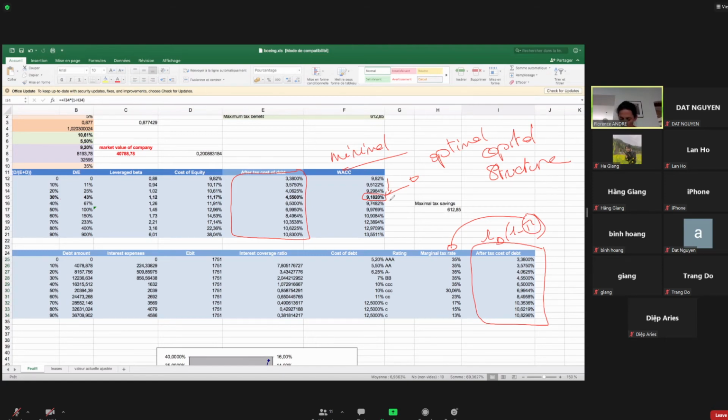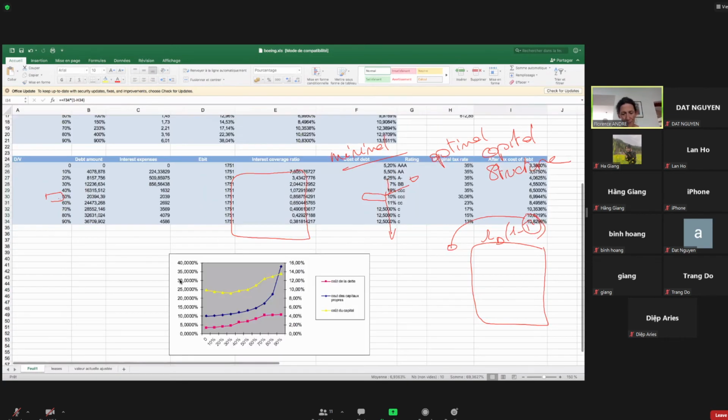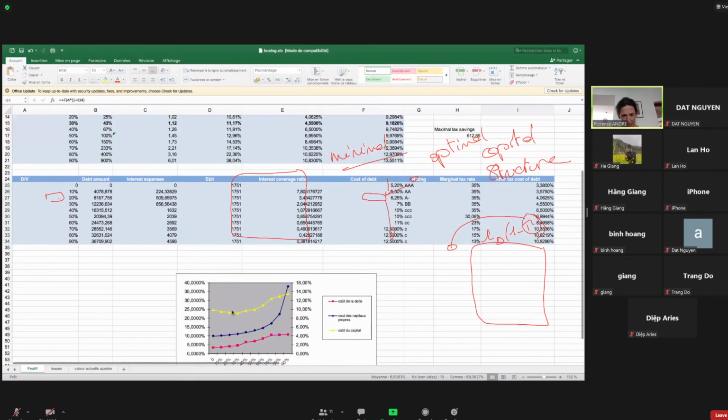But after this threshold, we can observe that the WACC increases because of the increase of the risk, affecting the cost of equity and the after-tax cost of debt.